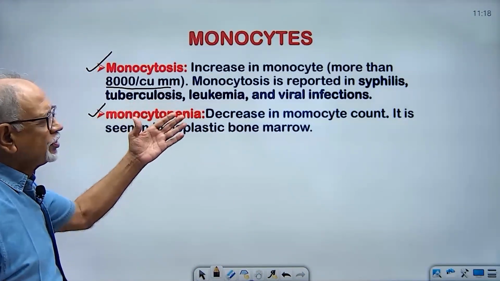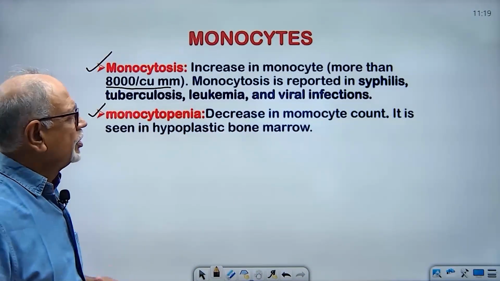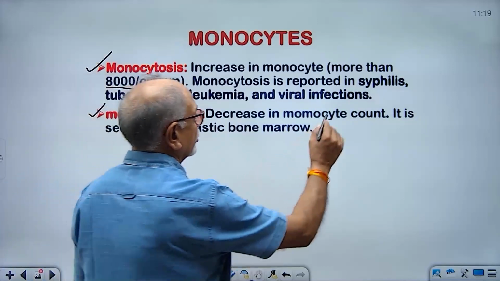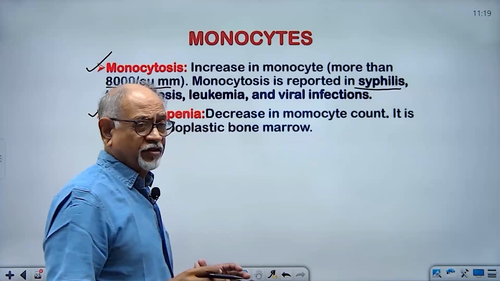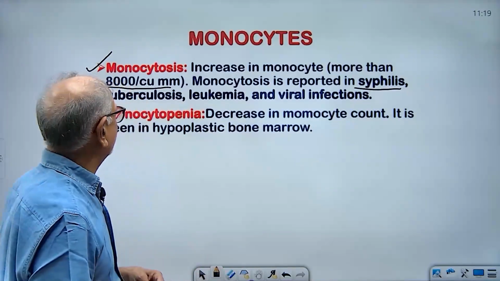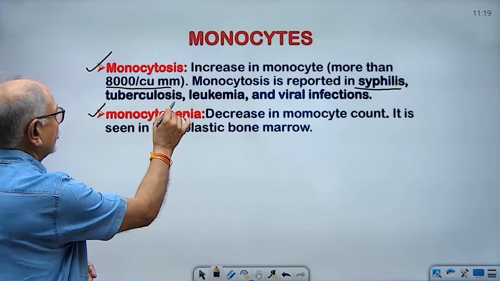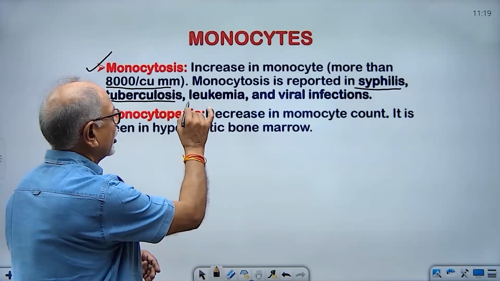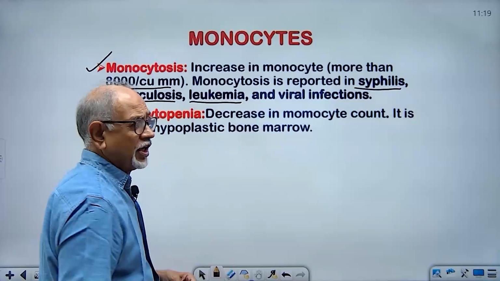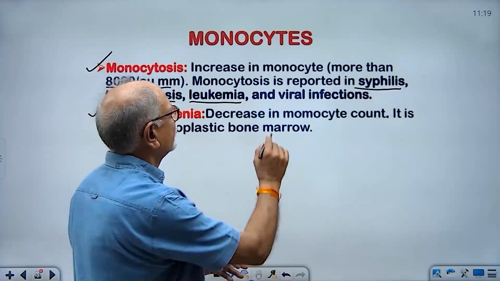It is reported in certain diseases like syphilis, one of the sexually transmitted diseases, then tuberculosis, a respiratory disease, then leukemia, kind of blood cancer, and in certain viral infections.